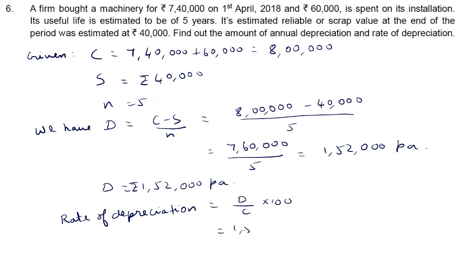So it is 1,52,000 upon 8 lakhs into 100. So this is 19%. So the rate of depreciation is 19%. So every year the machinery is depreciated at a constant rate of this 19%.